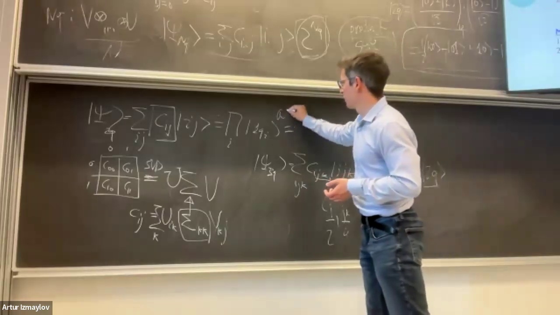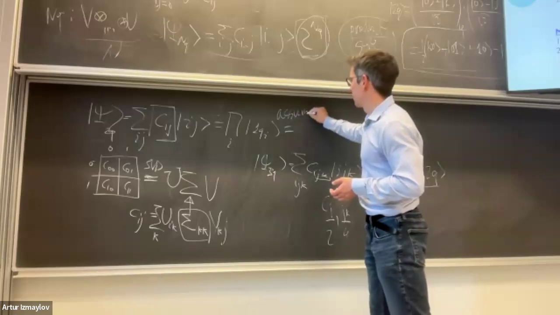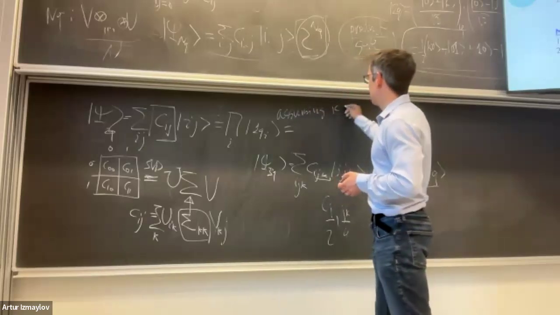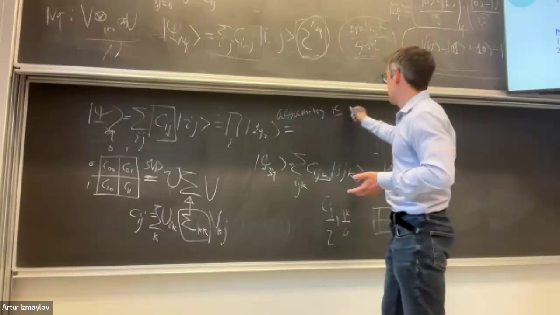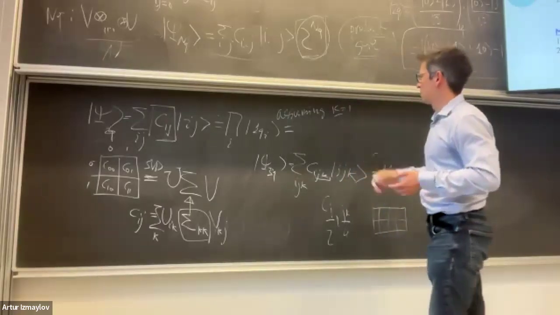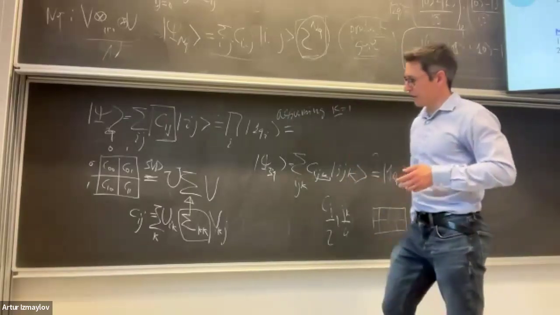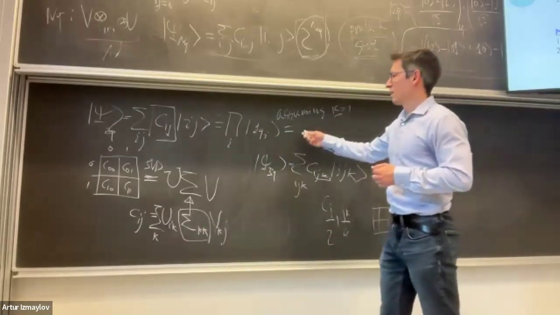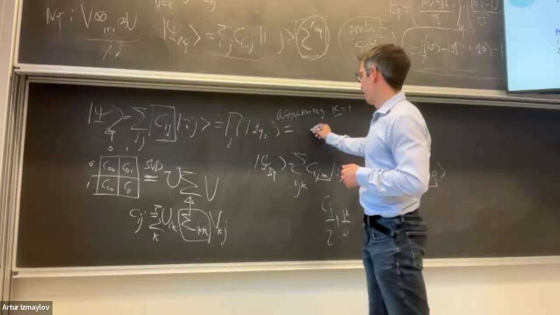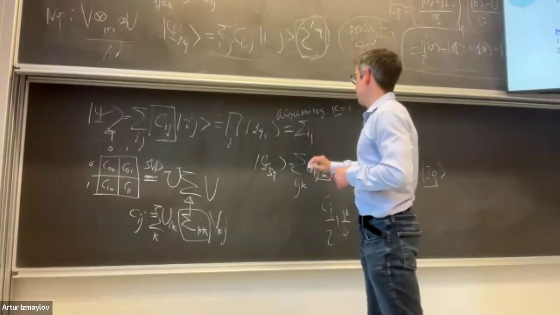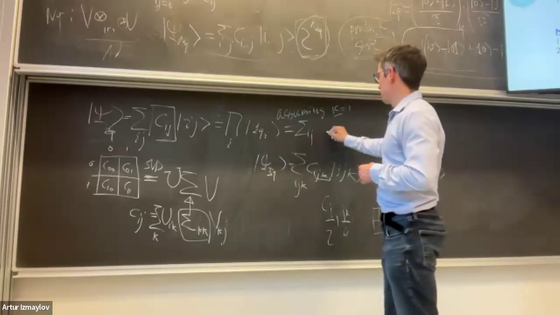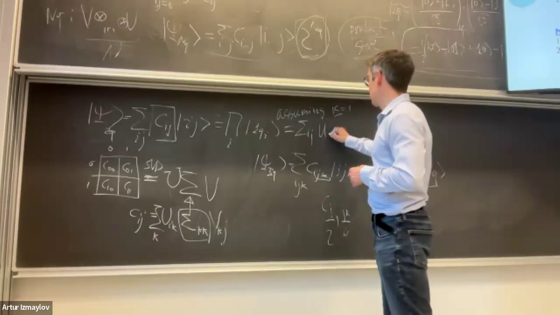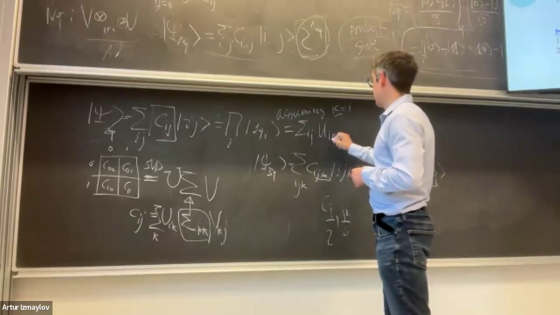assuming that k is equal to 1. Let's say there is only a single k that has non-zero singular value, and then we will have the sum over ij of Cij, which will be substituted by u_ik.